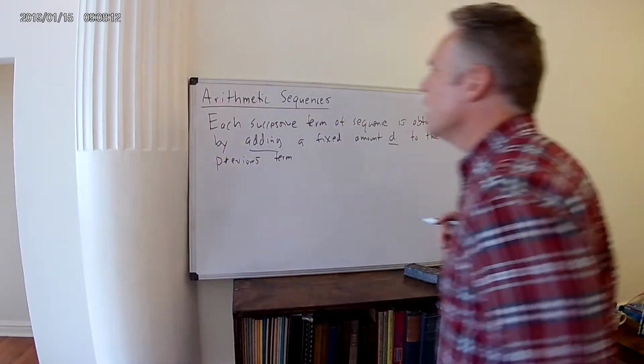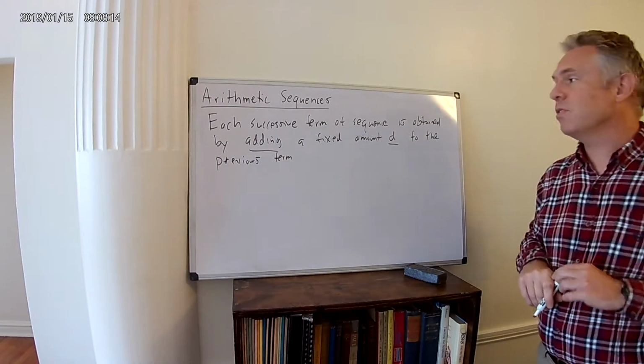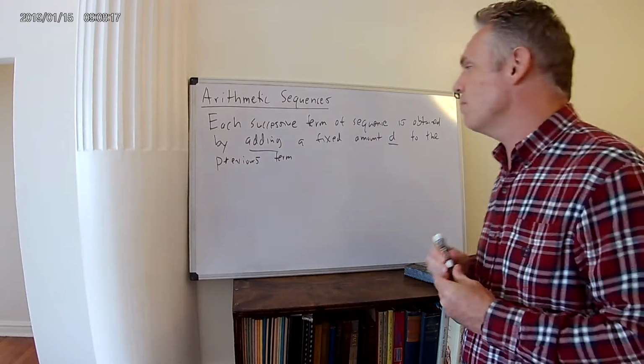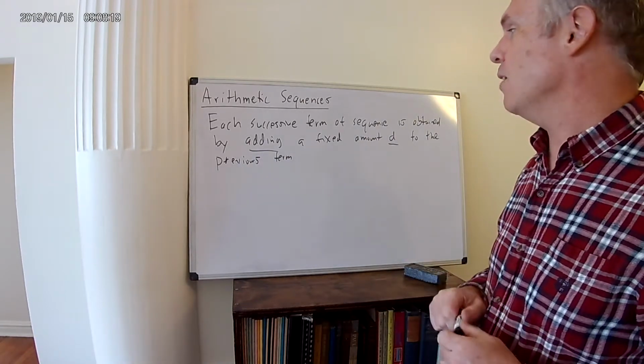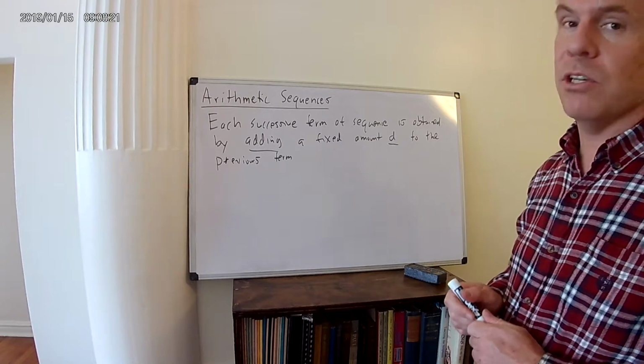Let me repeat that. An arithmetic sequence is a particular type of sequence in which each successive term of the sequence is obtained by adding a fixed amount d to the previous term.